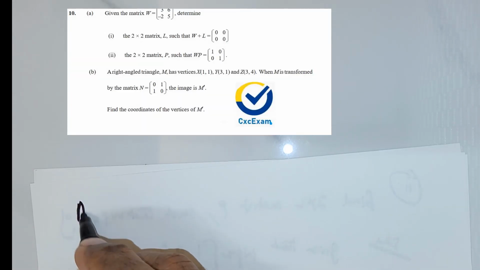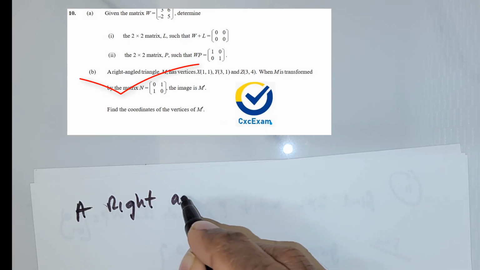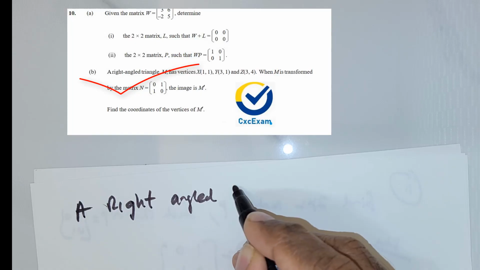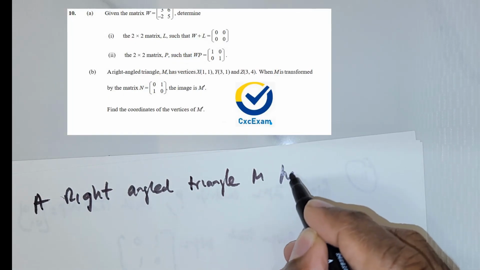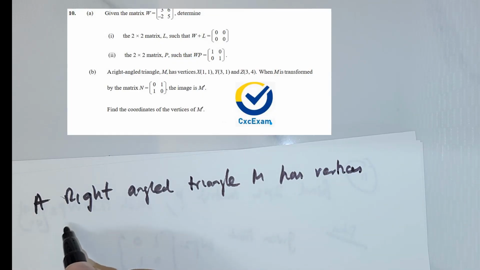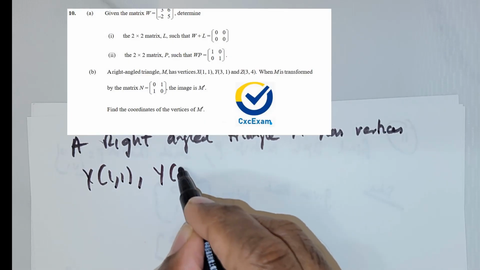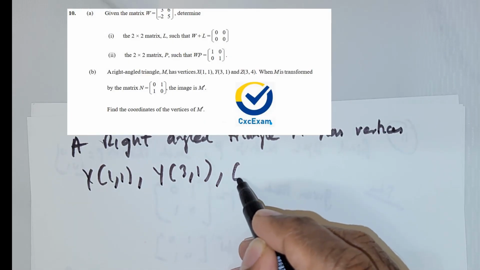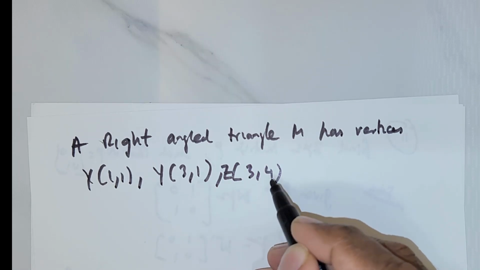So let's move on. Okay, this is the next question. Right angled triangle M has vertices X at 1, 1, Y at 3, 1, Z at 3, 4.